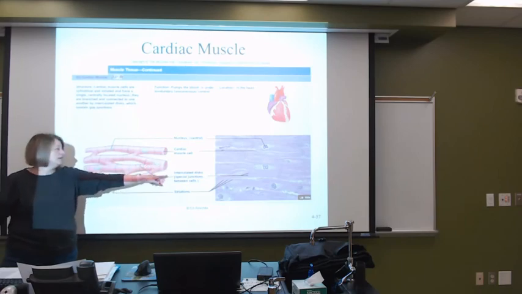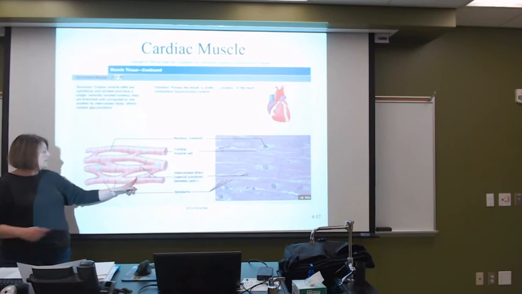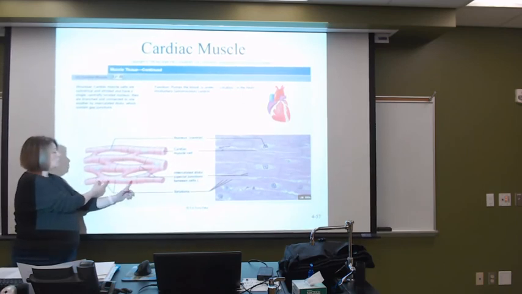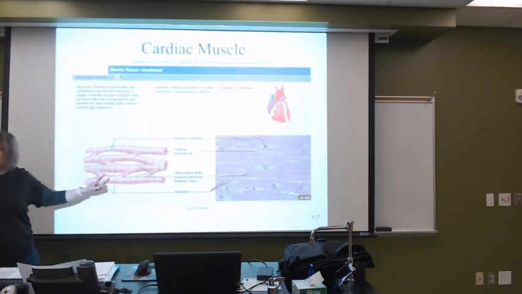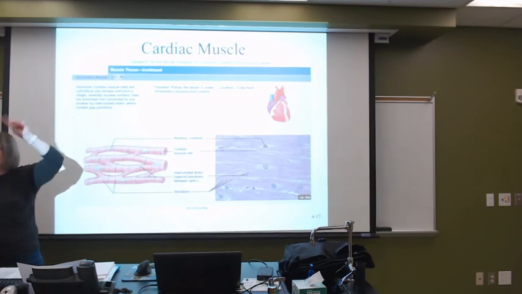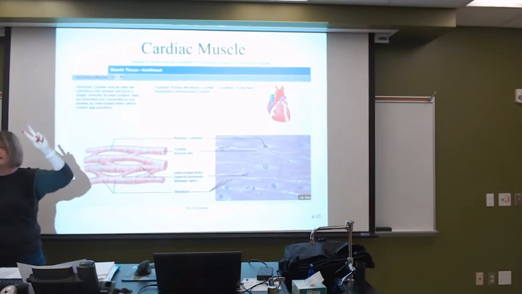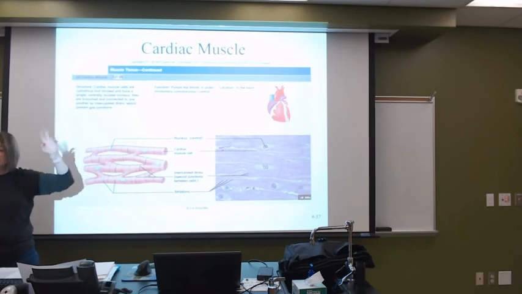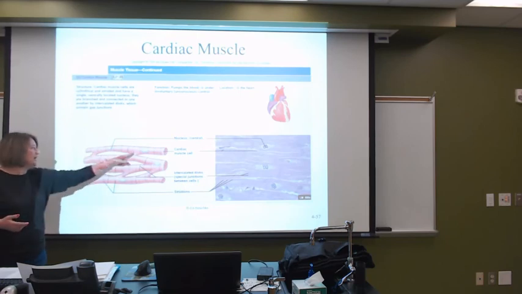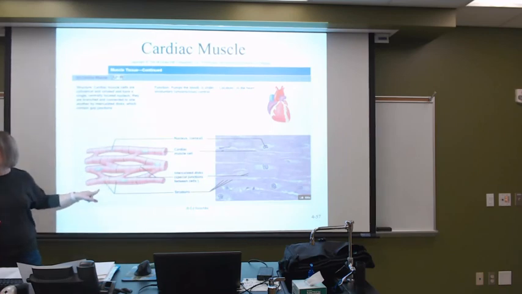These intercalated discs represent a border between one cell and the next. That means that cardiac muscle has, for the most part, one nucleus per cell. Even though it is striated, note the difference between the cardiac and the skeletal: we create branching in the cardiac muscle.